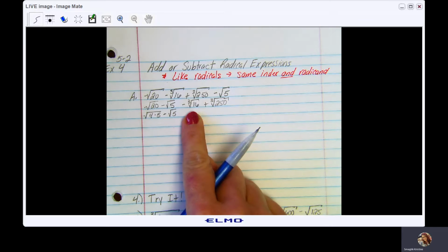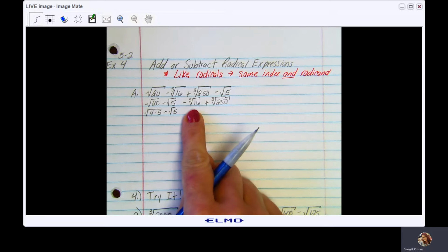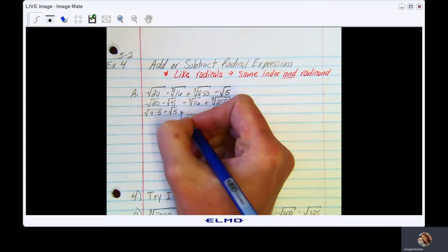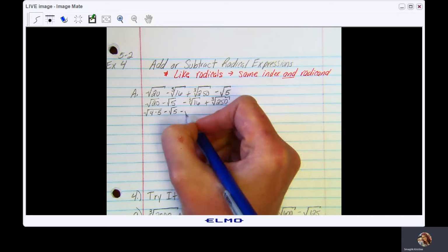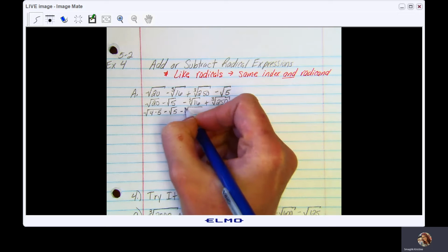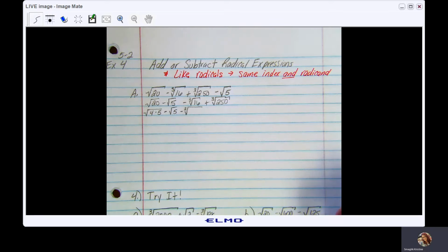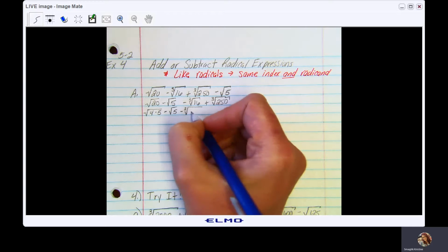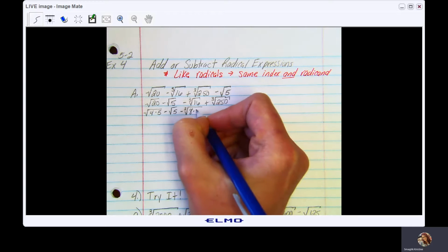Now I'm moving into the cube roots. So cube root of 16, I need factors of 16, where one of them hopefully is a perfect cube. And I am right away thinking of 8. 8 is a factor of 16, and it's also a perfect cube. 2 to the third power is 8. So let's write this as 8 times 2.